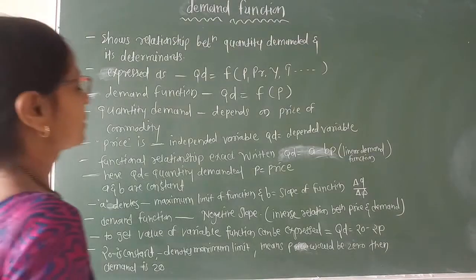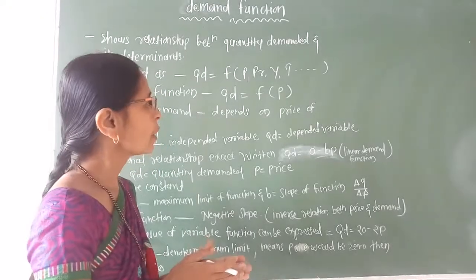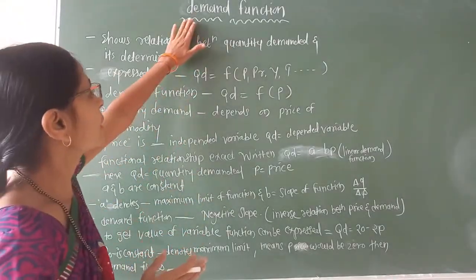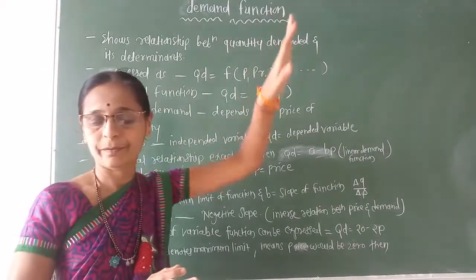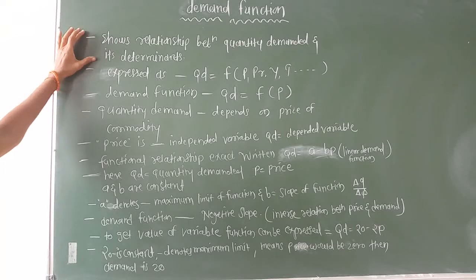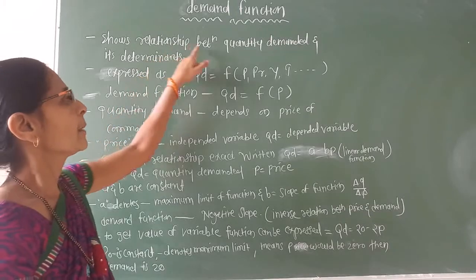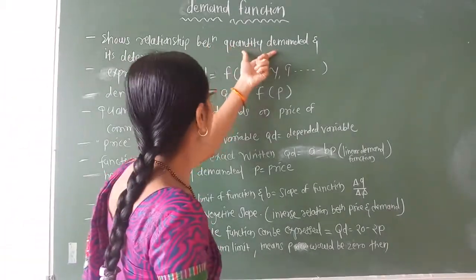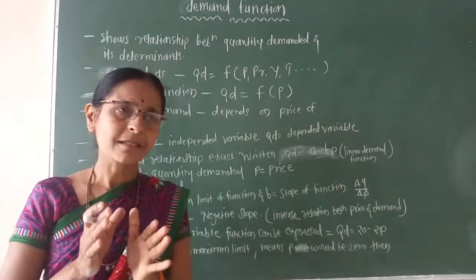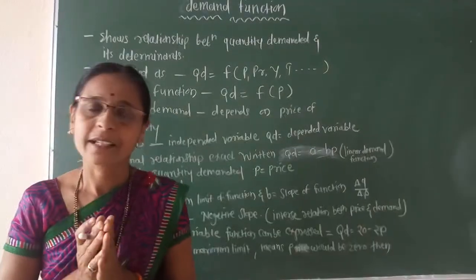So students, in this section today we are going to take more information about the demand function. All of you know, the demand function shows the relationship between the quantity demanded and its determinants. Determinants means factors.